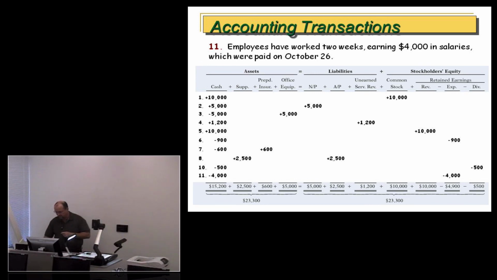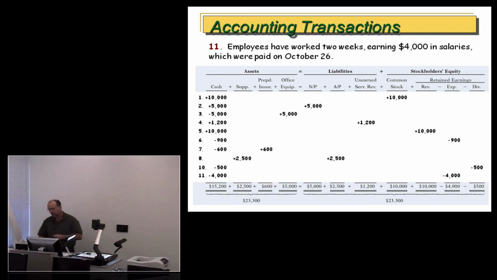Revenue was $10,000, expenses were $4,900, and dividends were $500. So retained earnings would have a total of $10,000 minus $4,900 minus $500, and it looks like that's $5,400 in deductions. So that'll be $4,600 in retained earnings plus common stock.